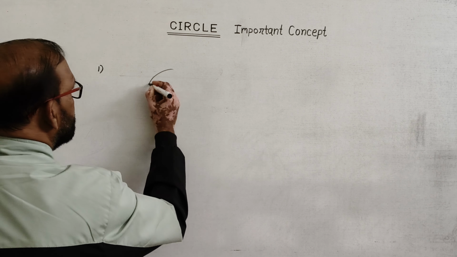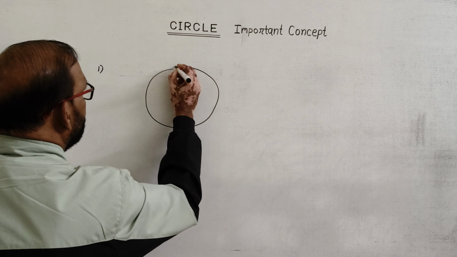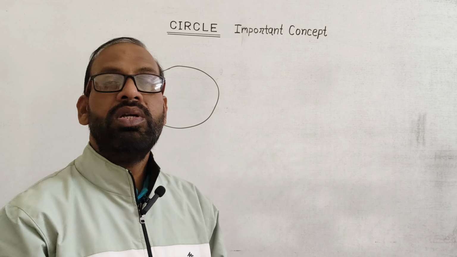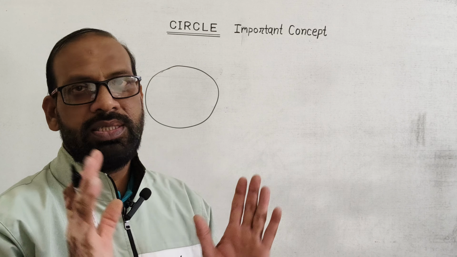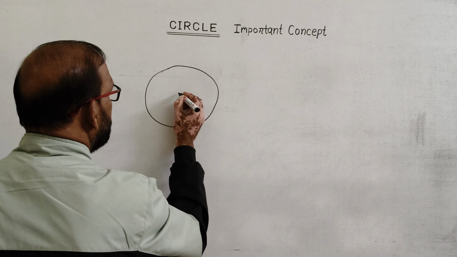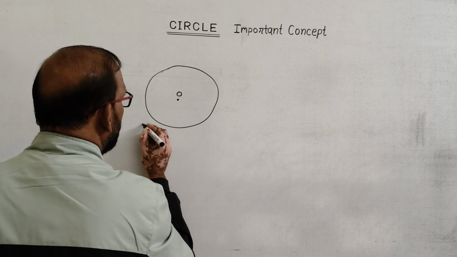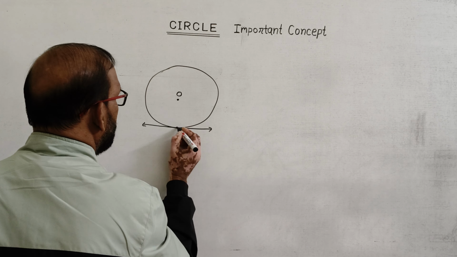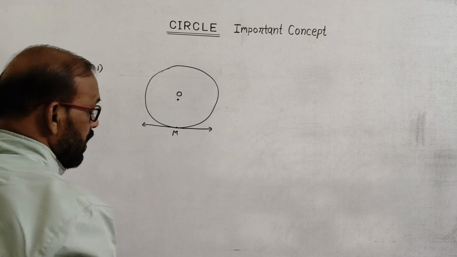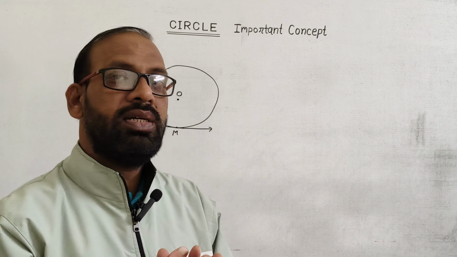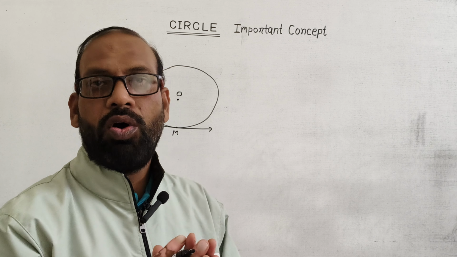Again, this is a circle, suppose. Now think about one line, and that line touches the circle like this. This is a circle having center C or O, and one line which touches the circle at one point. This point is suppose M. So this line touches the circle. Touches the circle means the point of contact.